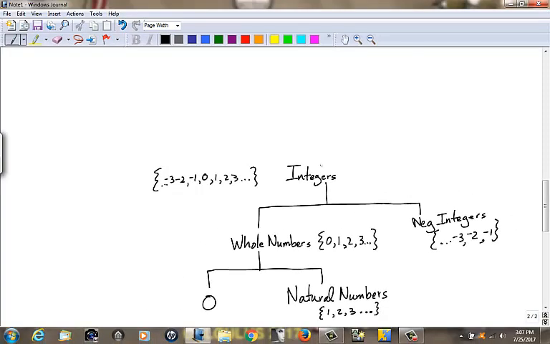Okay, and then if you take the integers and include the fractions, like 1/2, 3/4, okay, then you end up with the rationals. And remember, with the rationals, they are going to use Q for the rationals, Z for the integers.